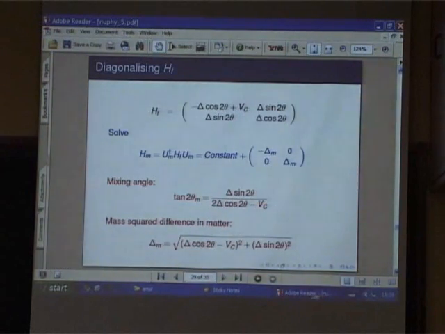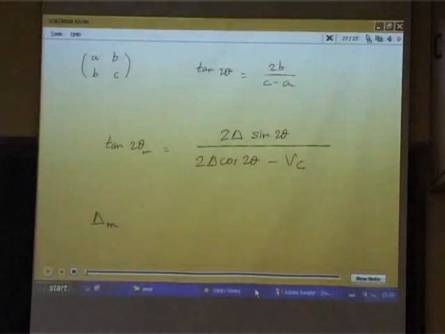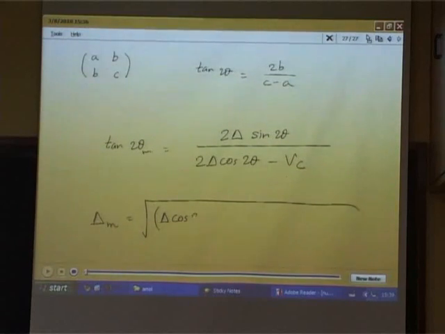If you actually diagonalize this, you can correct my mistakes.